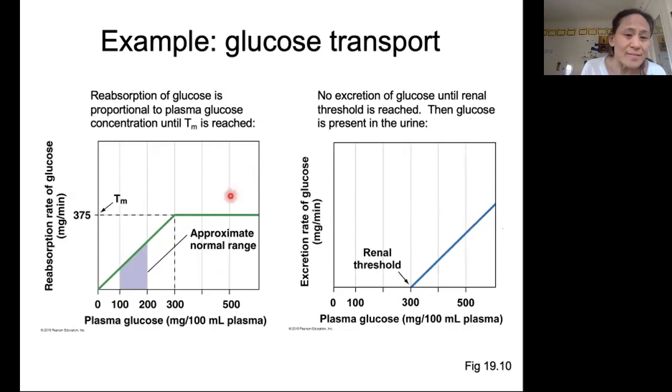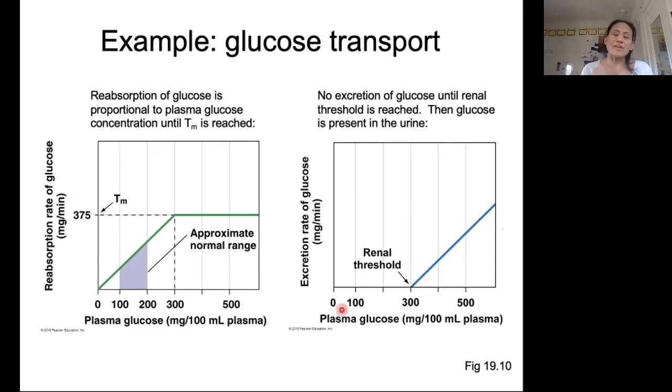For most people, this isn't a problem because usually people's plasma glucose concentrations are in this range, right? So it's in the range where we're going to end up reabsorbing all of the glucose that we filter into our tubule. However, for diabetics who have high glucose concentrations, they're going to be in this range here, and they're going to end up losing some of their glucose to their urine.